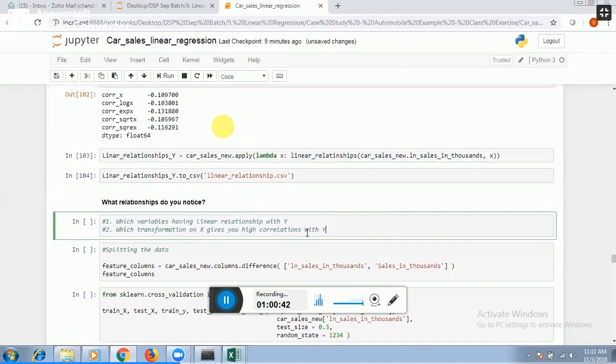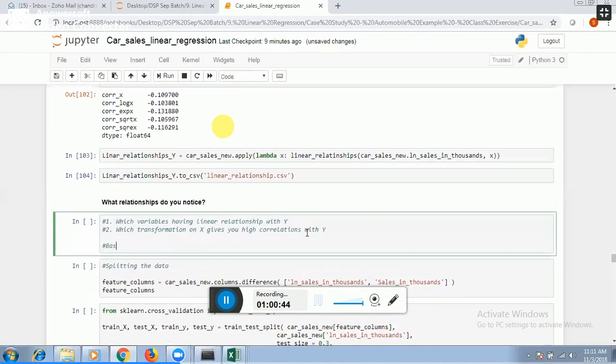Based on the above, you will choose variables with correlations greater than 0.1 and transformed variables with high correlation.